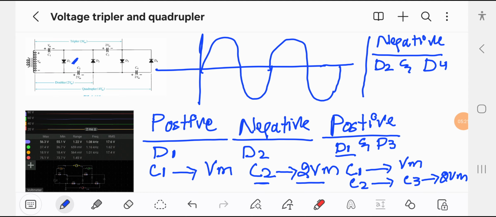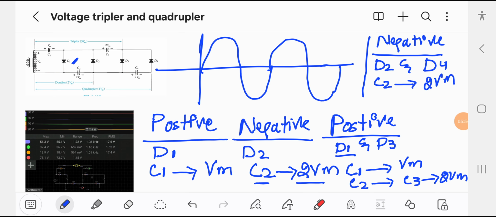So during this negative pulse, capacitor C2 will charge, because during the positive pulse capacitor C2 discharged, which charged the capacitor C3. So during this negative pulse, capacitor C2 will again charge up to 2 Vm.